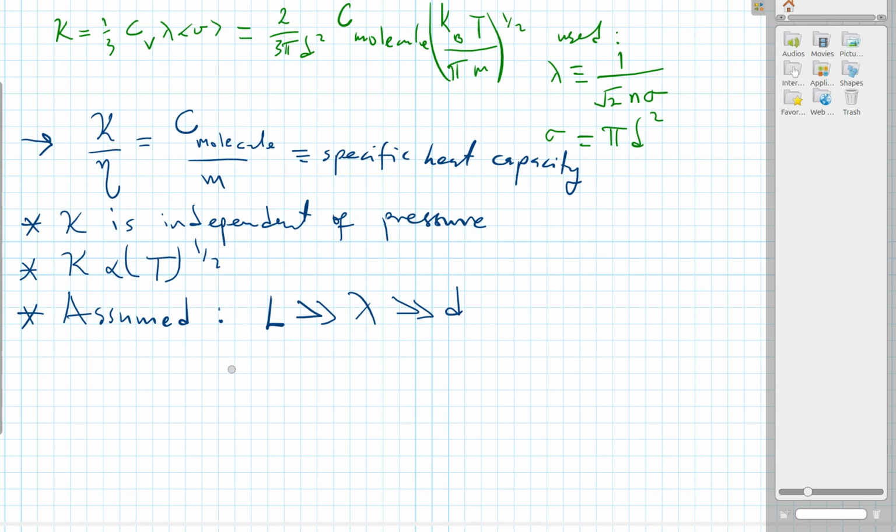Another assumption is that we were considering some area, some plane at constant z, and we were considering that molecules cross that layer equally over different velocities. The molecules are going to have different velocities.